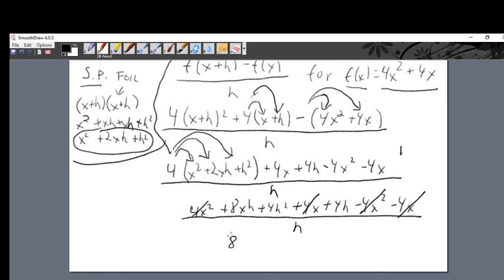Oh, okay. So what do we have left going? We have 8xh plus 4h squared plus 4h over h. All of those are divisible by h. Okay, this h goes, so we get 8x. This 4h squared over h is going to be 4h.